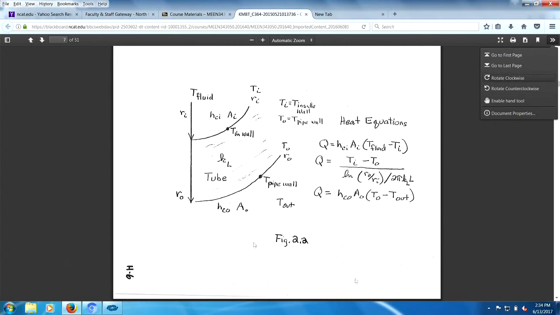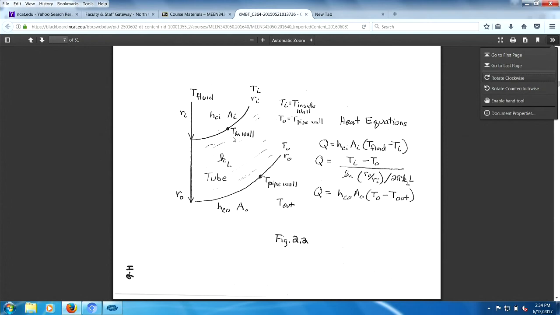So if I take a pipe, I have the temperature of the fluid inside, and I have the temperature outside somewhere. What happens is I have convective heat transfer from the fluid to the wall: the inside convective heat transfer coefficient, the area of the inside wall, times the fluid temperature minus the temperature of the wall, Ti. Then you have conduction across the tube.